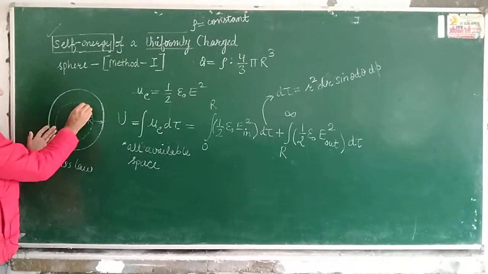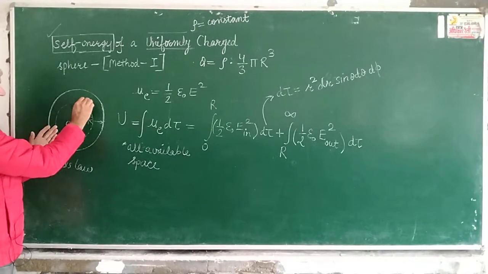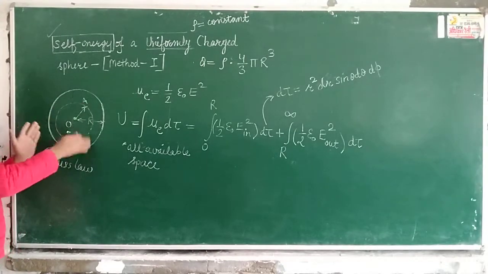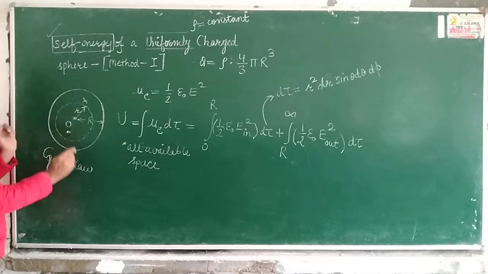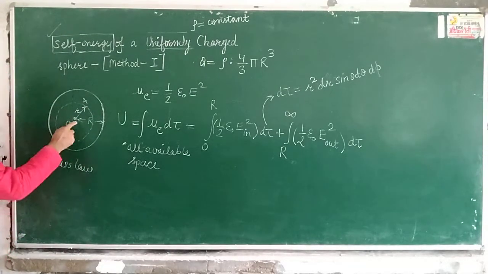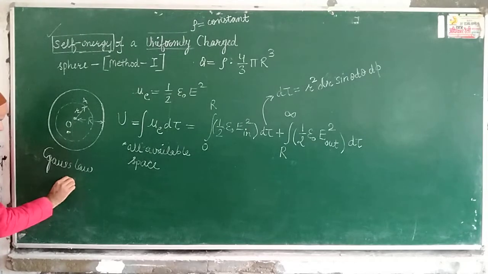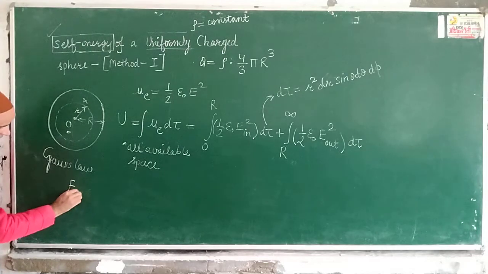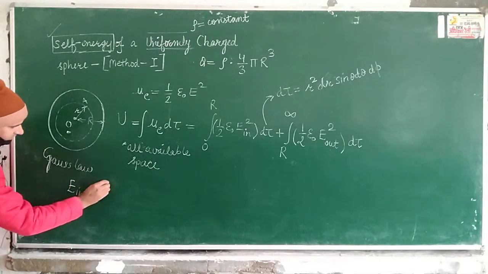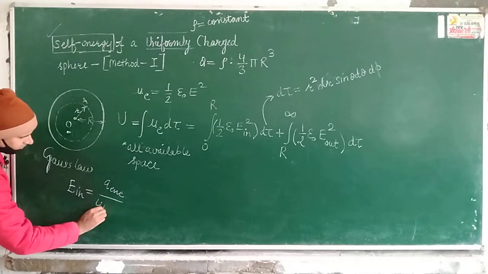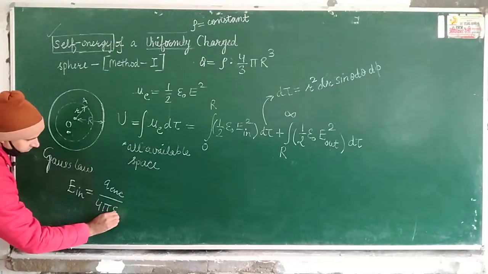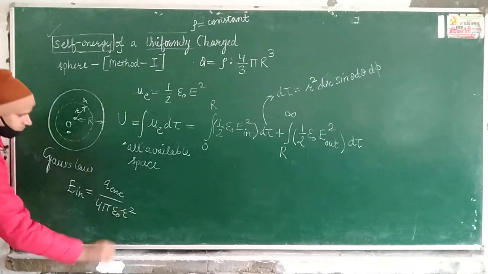Take a point A which is inside the charged sphere at a distance r from the center. The electric field at this point, E inside, will be equal to charge enclosed divided by 4 pi epsilon naught r square.